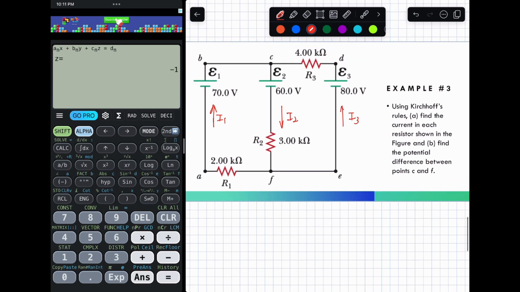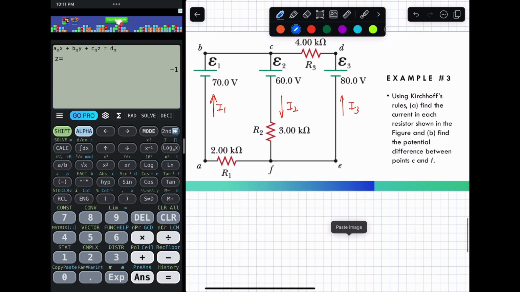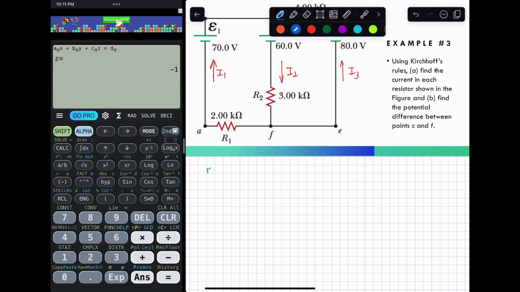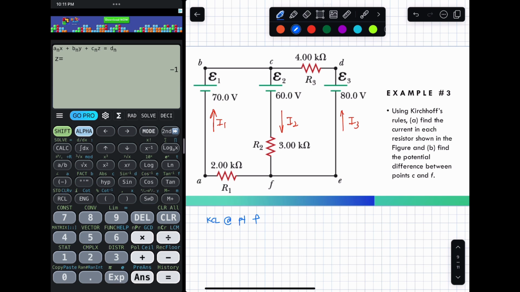So again, we can do our KCL at point F. Since I1 is going upward, this would be the direction of I1 as well.